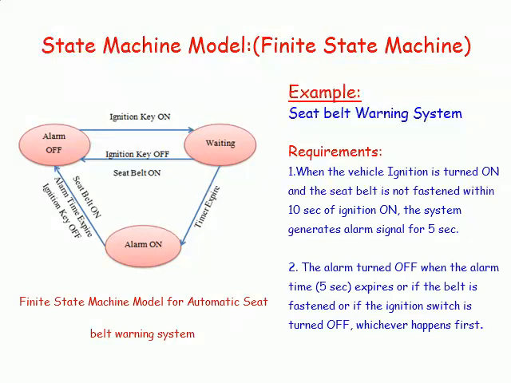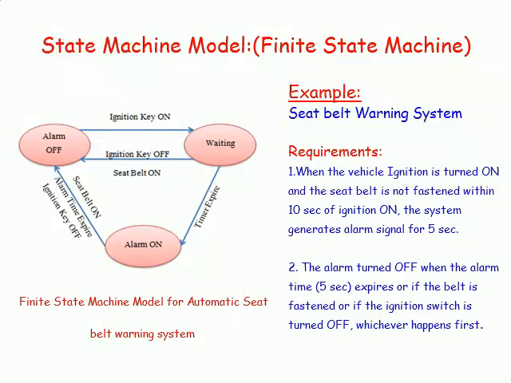As an example, let us consider the design of an embedded system for passenger seat belt warning in an automobile using the finite state machine model. The system requirements are captured as follows. First, when the vehicle ignition is turned on and the seat belt is not fastened within 10 seconds of ignition on, the system generates an alarm signal for 5 seconds.